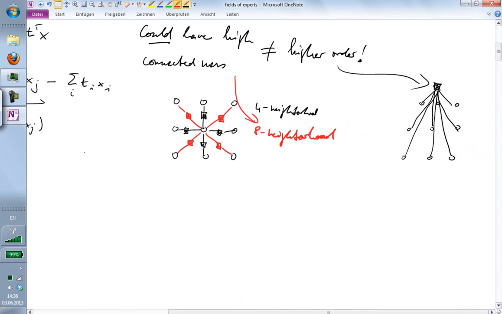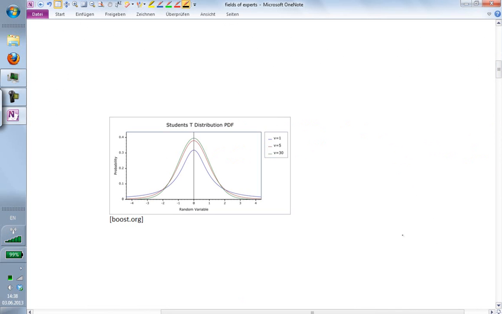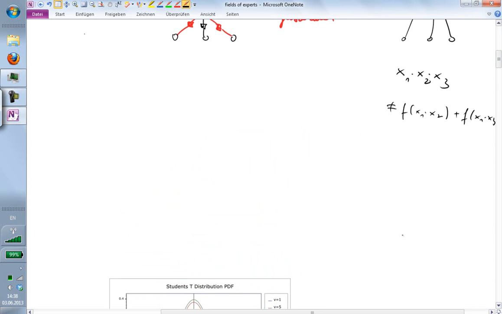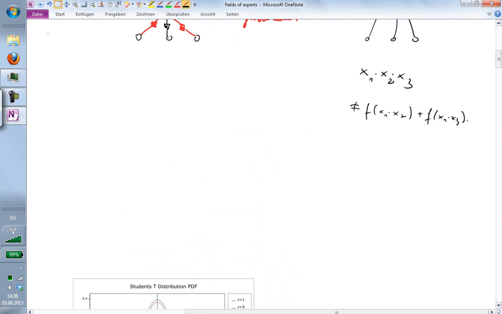So take the example that I gave before. It is simply not possible to write this as a function of x1 times x2 plus a function of x1 times x3 and so on. It's not possible, in general, to express that as a sum of pairwise terms. Okay?